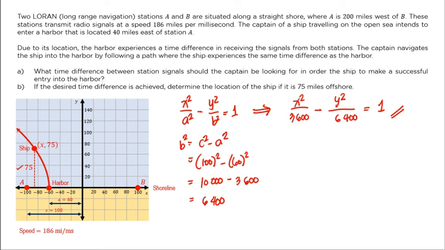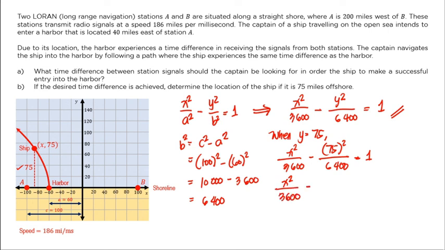So to solve for x here, we just substitute the value of y, which is 75. So when y is equal to 75, we will now have x squared over 3,600 minus 75 squared over 6,400 equal to 1. Okay? Now, 75 squared over 6,400 is just equal to, copy muna natin tong first term. Okay? So, this is equal to 225 over 256.